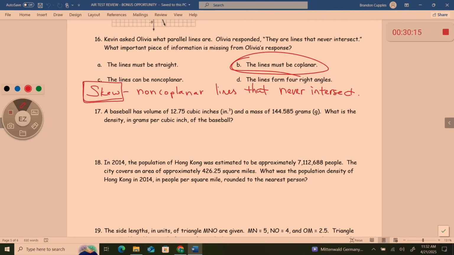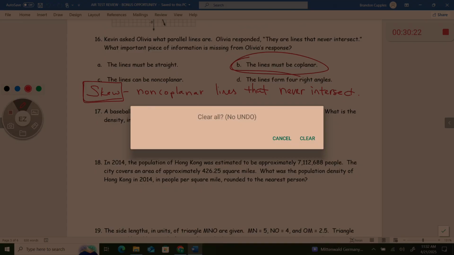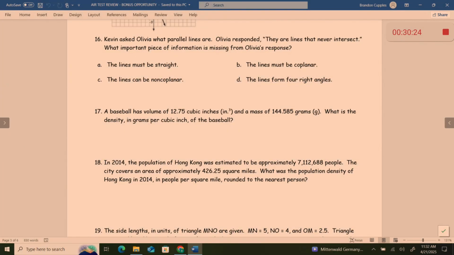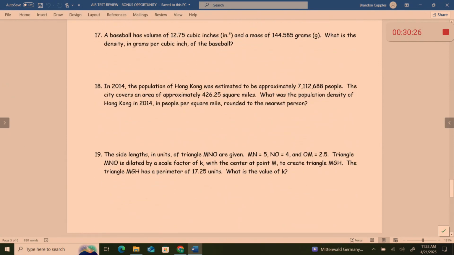All right. A baseball has a volume of 12.75 cubic inches and a mass of 144.585 grams. What is the density in grams per cubic inch?